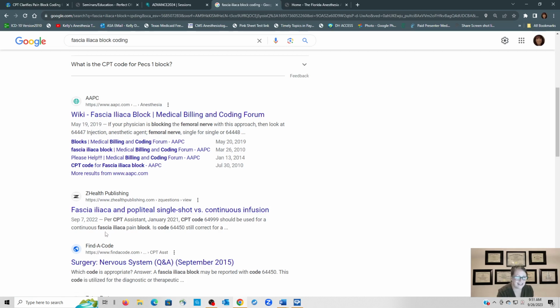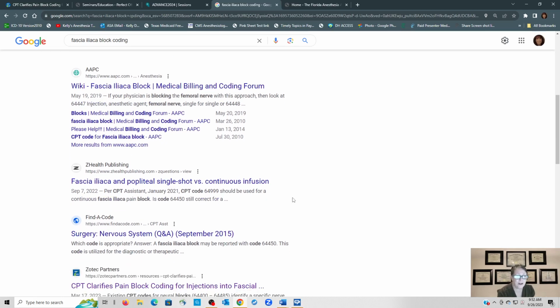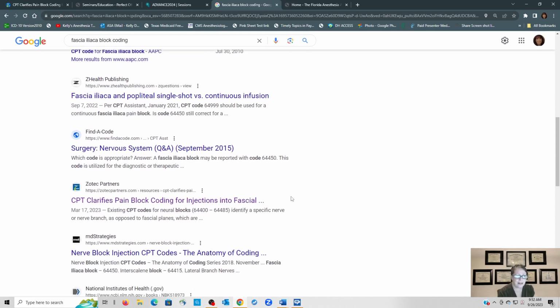This says a continuous fascia iliaca, which wasn't unlisted, but for the single, it was still 64450, even in September of 2022. I'm specifically looking for the article that Pam Linton wrote, which is down here and highlighted, and I'll show you here, but I have already let Pam know that I'm going to be sharing this resource with you because it is a good resource.